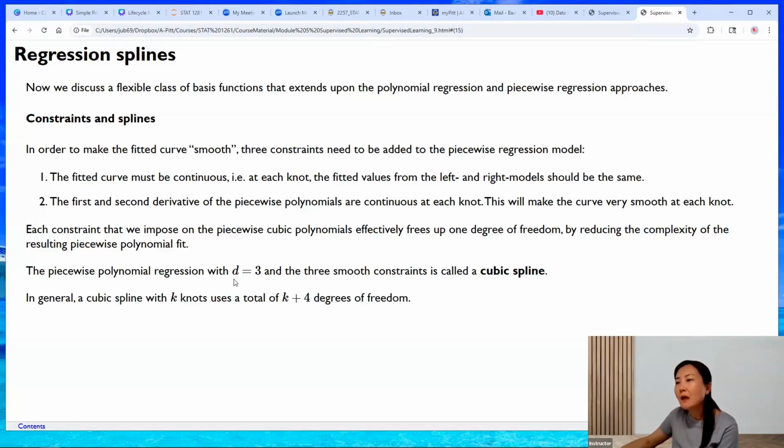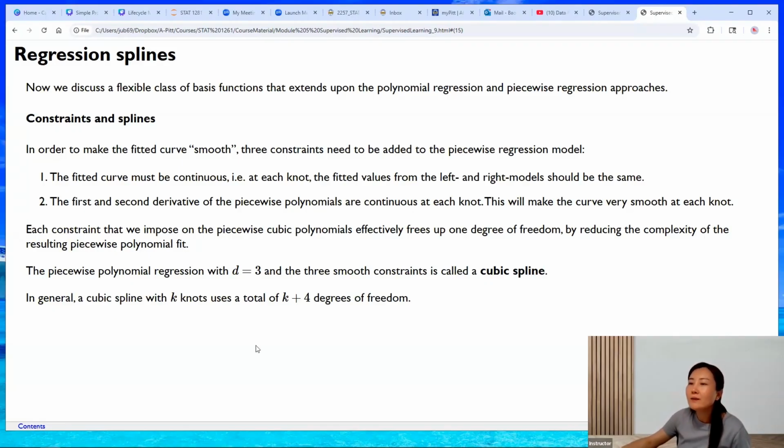So the piecewise polynomial regression with D equals 3 and with the 3 smooth constraints at each knot is called a cubic spline. This is kind of like a definition.